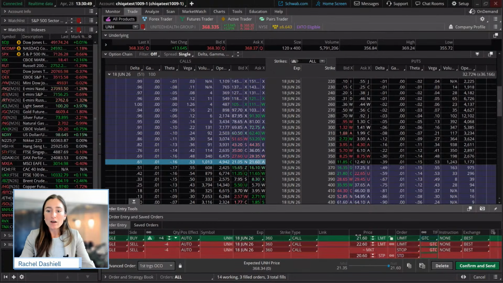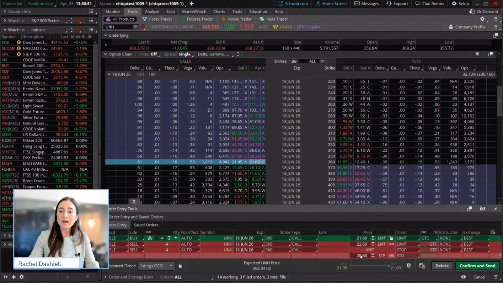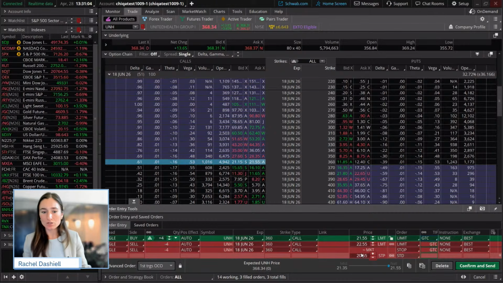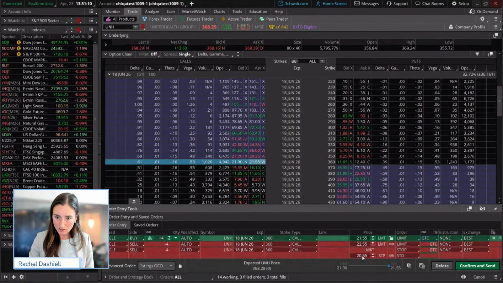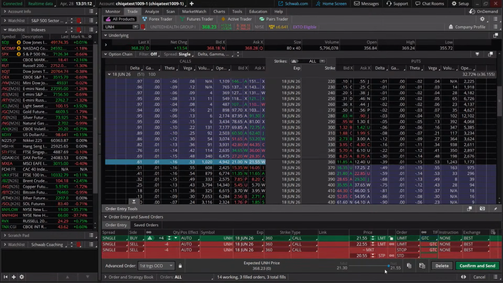Now, we do want to make sure that we keep our trade risk to a certain amount, and we like to keep that to roughly 0.5% to 1% of the account. So what we're going to do is put a 20% stop on the downside. We've used that number quite a bit over time. So we're going to take our midpoint of 2130 and multiply that by 0.8.